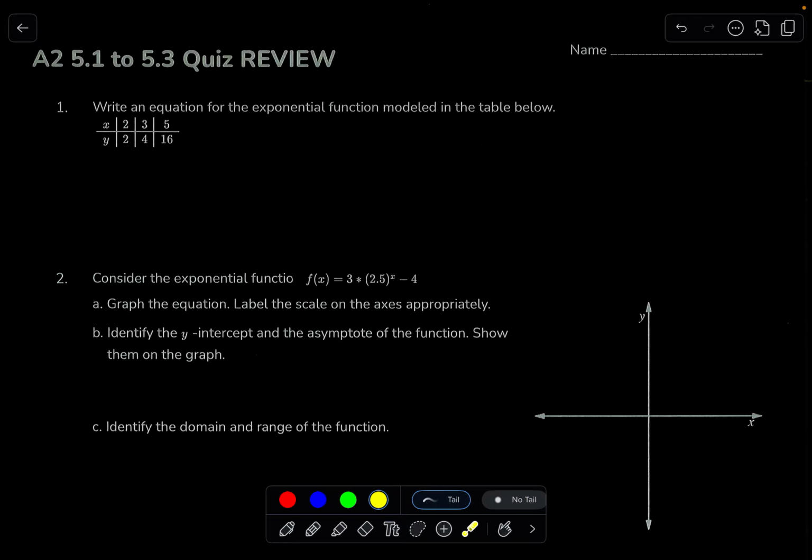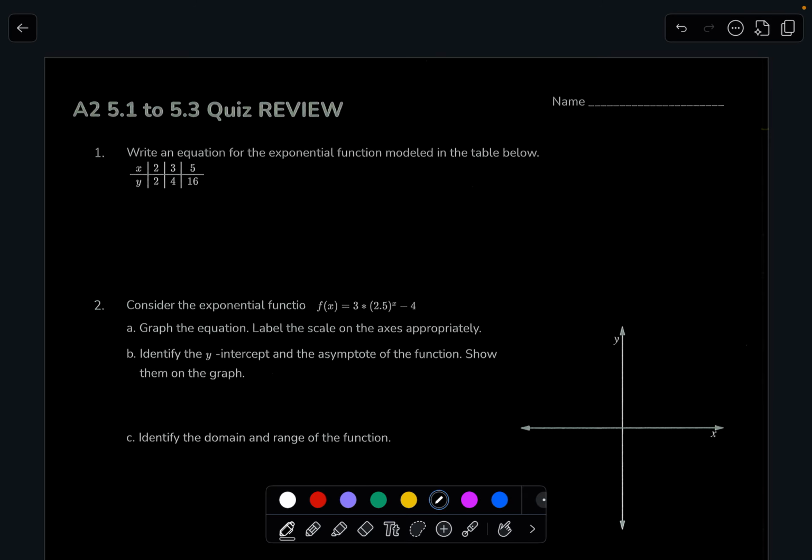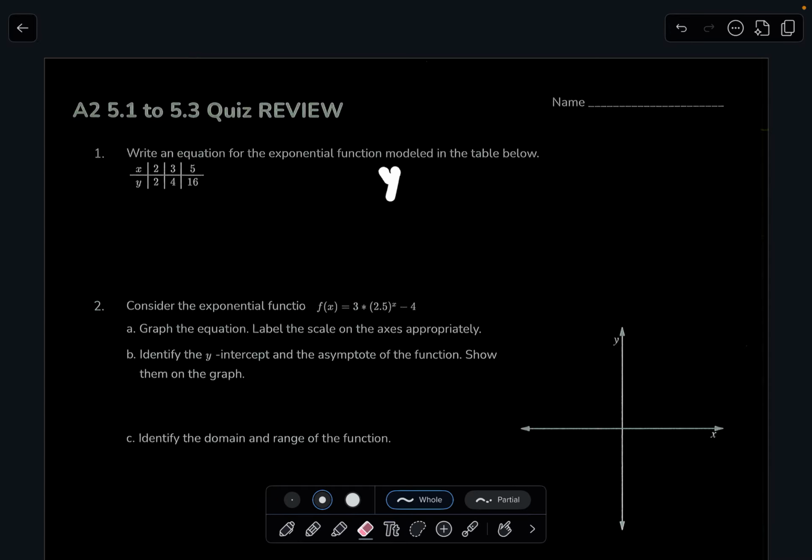So remember, I'll have this on the board, but the exponential equation is y equals a times b to the x, where a is the value when x equals 0.